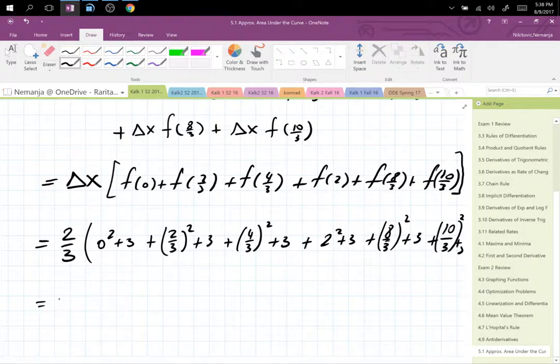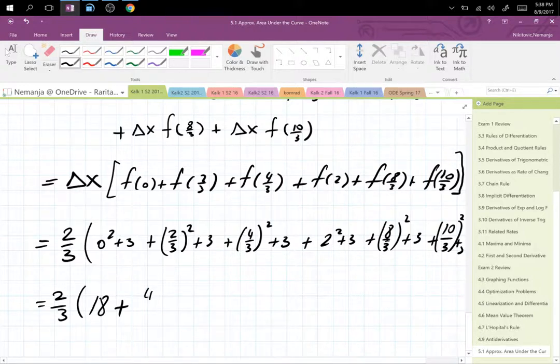Zero squared, it's nothing there, right? First of all, we have 3 times 6, that's 18, plus, those are all the plus 3's. 2/3 squared. When you start squaring these, don't cancel if you can, because they all have the same denominator at the end.